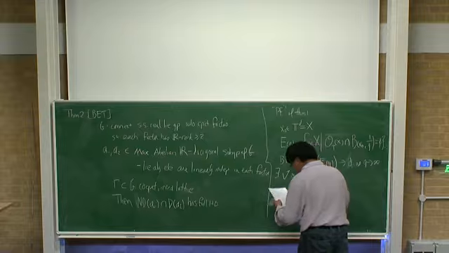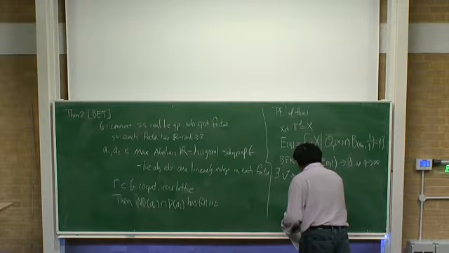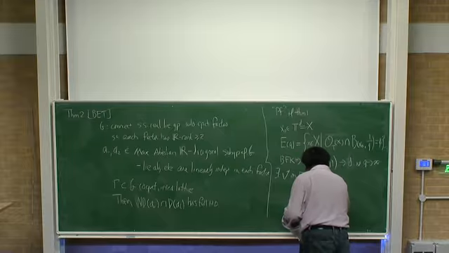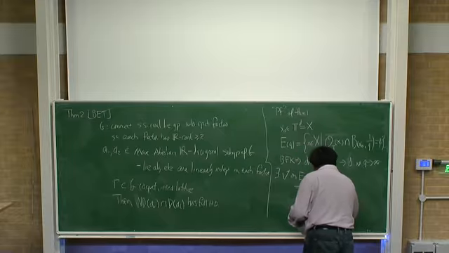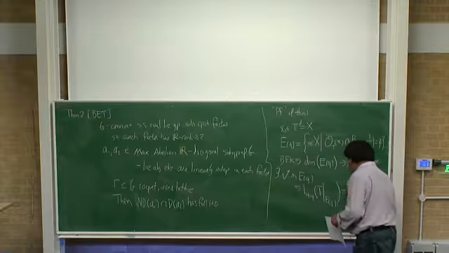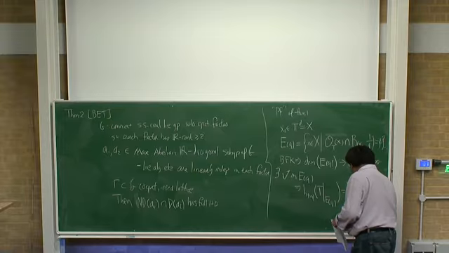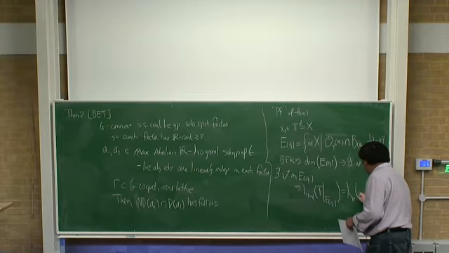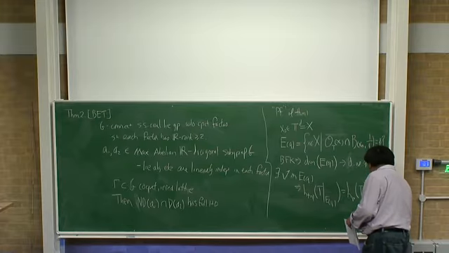In other words, if I look at the topological entropy of this map restricted to E_q, this is going to be pretty close to the measure-theoretic entropy of this map restricted to E_q.